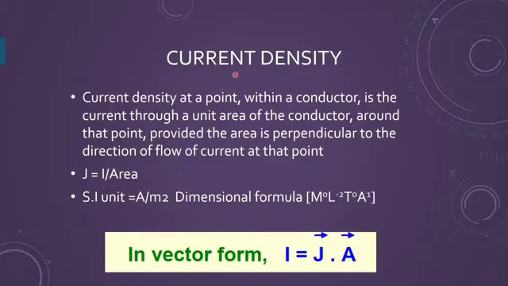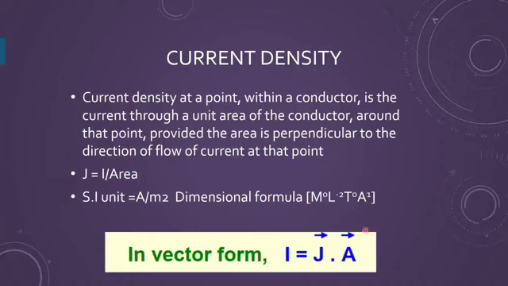Next term is current density. Current density is the current flowing per unit area of the conductor around that point, perpendicular to the direction of flow of current. It is denoted by capital J, which is I, the current flowing per unit area. And of course, the unit will be ampere per meter square, and the dimensional formula will be M0 L minus 2 T0 A1.